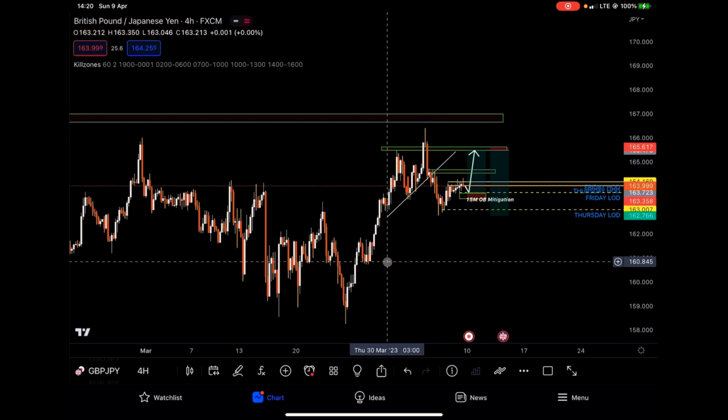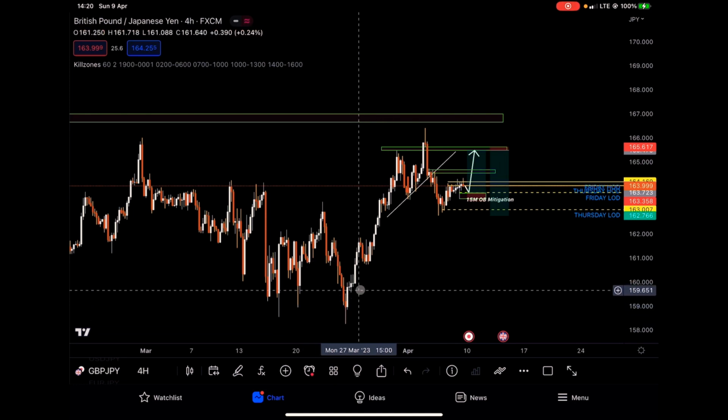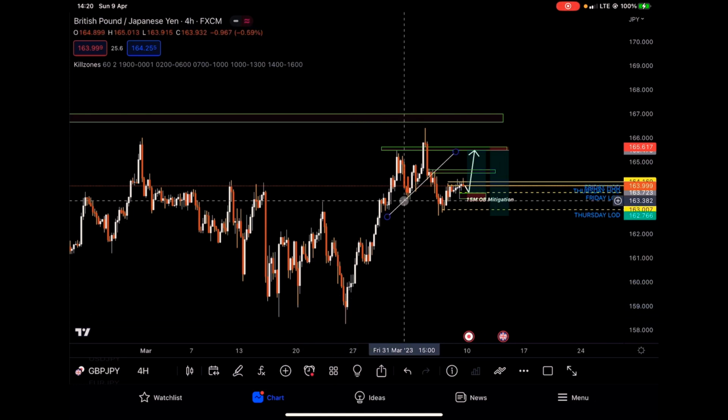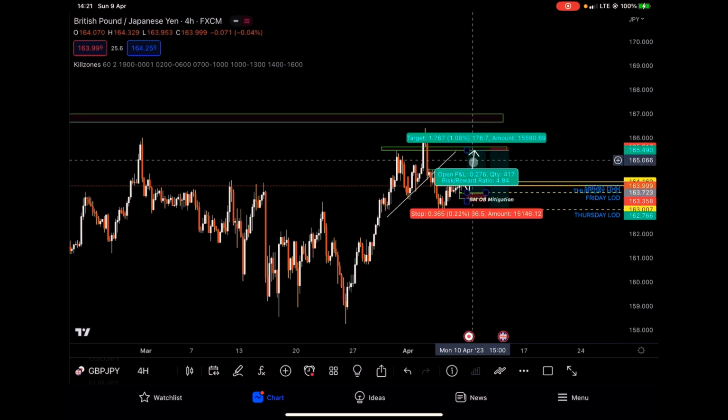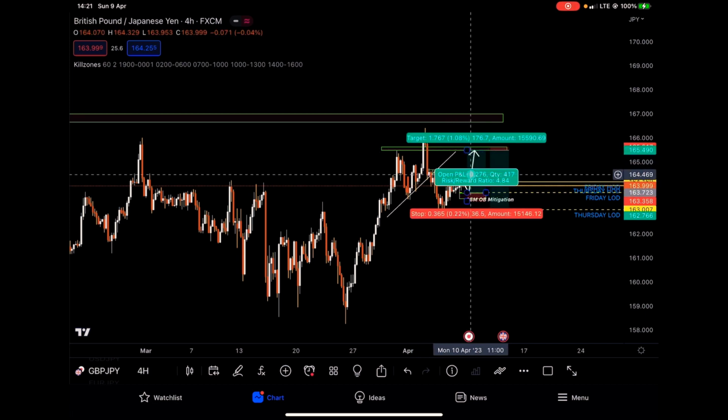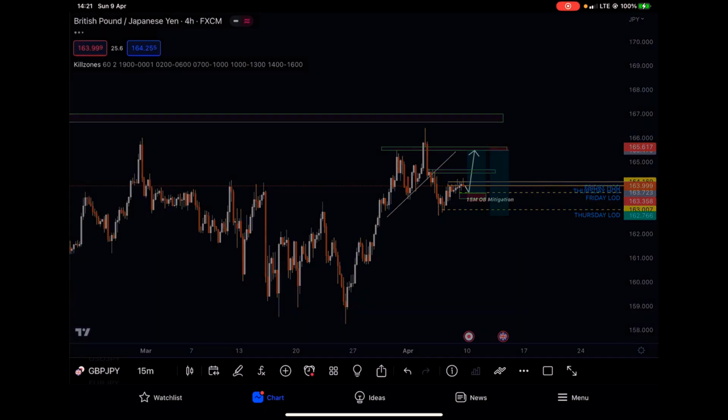We'll confirm the bearish state after it breaks this one, but based on this trend line breaking, we are currently looking for bearish setups. We can only confirm the overall bearish move of GJ once price fails to break either this level or this level. So let's break it down in the 15-minute chart.